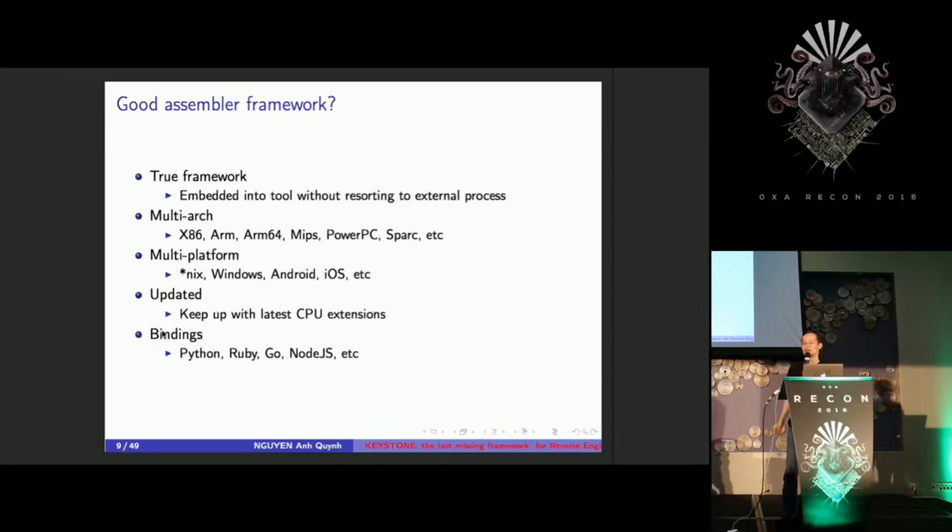It should be multi-platform, which means it should work on all OSes: Windows, Linux, Mac, Android, iOS, and so on. It should be updated. It should support the latest instructions on all those CPUs. And finally, it should have bindings, because usually people build tools using bindings in high-level languages like Python, Ruby, Go, JavaScript, and so on.